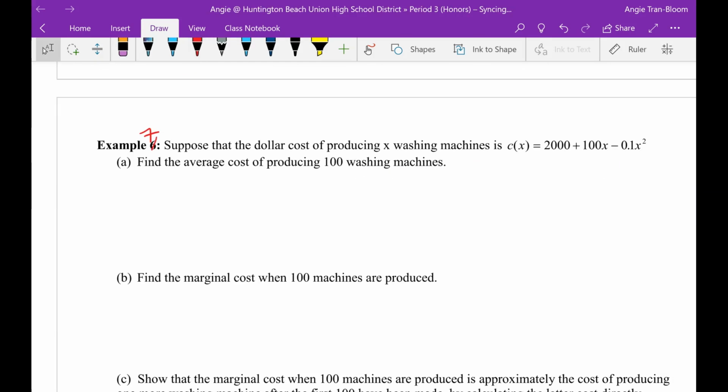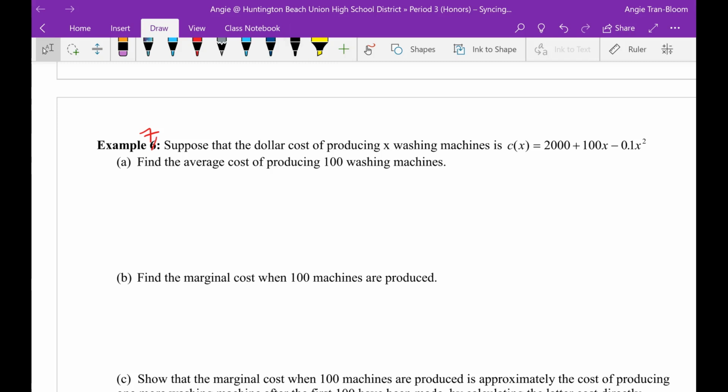Suppose that the dollar cost of producing x washing machines is given by this equation: C of x equals 2,000 plus 100x minus 0.1x squared. A, find the average cost of producing 100 washing machines.